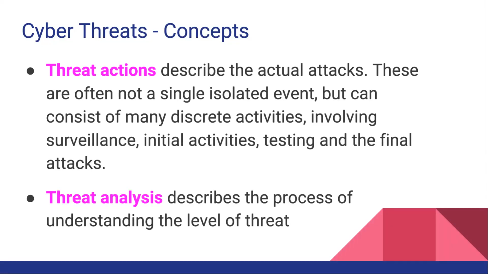The next is threat analysis. It describes the process of understanding the level of threat. As we mentioned before in risk assessment, we should know how much of an impact this vulnerability would give the organization, and then act accordingly, meaning invest resources wisely and not on everything.